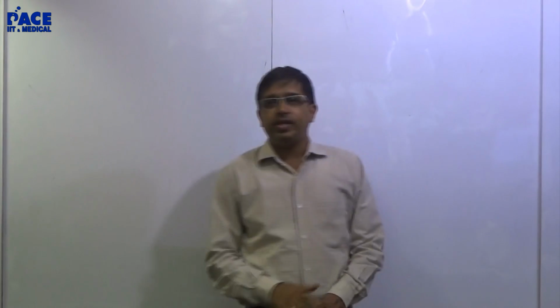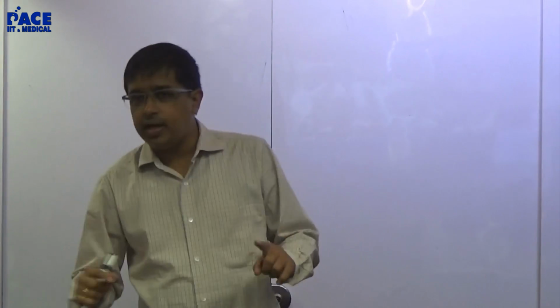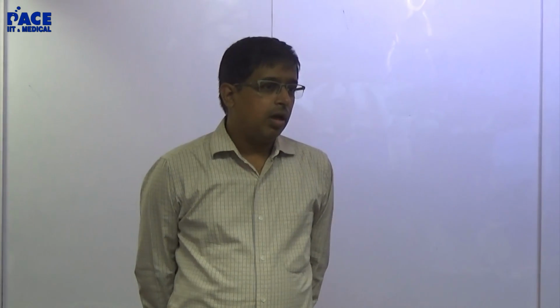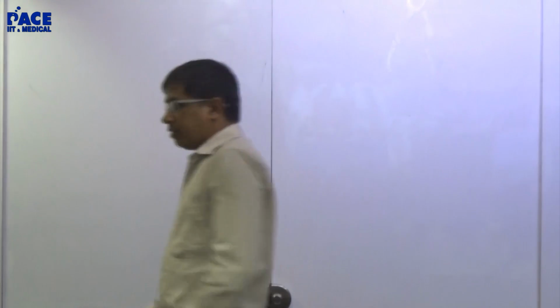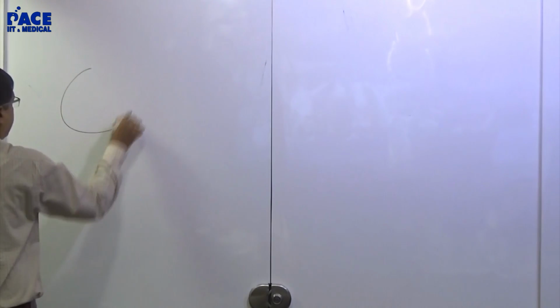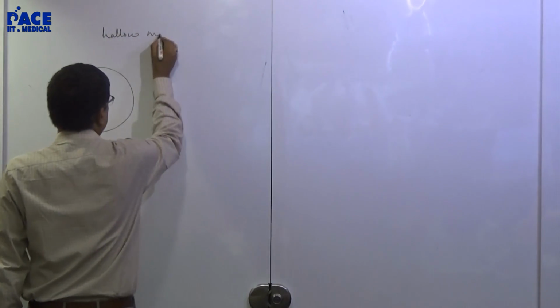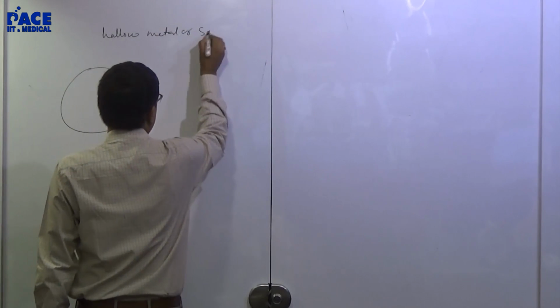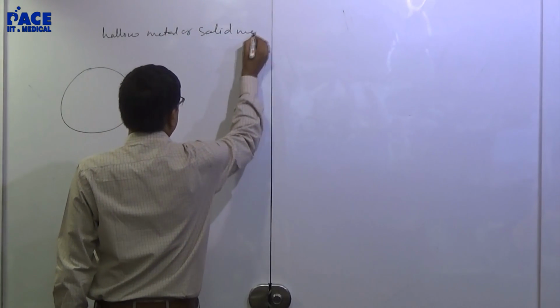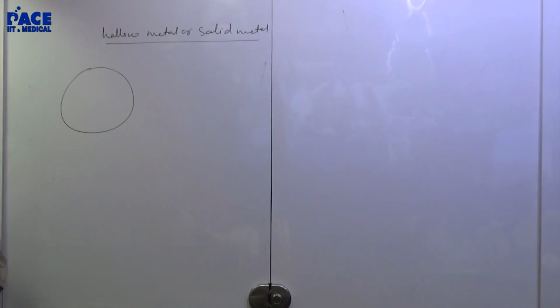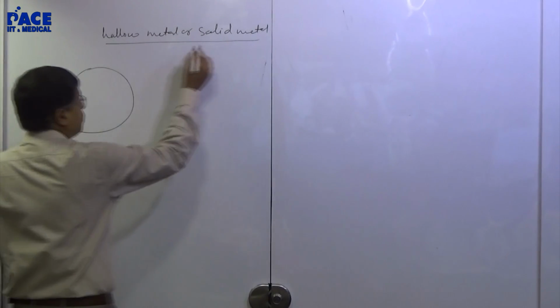The first point that we try to justify is that the field becomes zero inside a metal. How will it achieve it? Suppose I take a hollow metallic sphere or a solid metallic sphere.